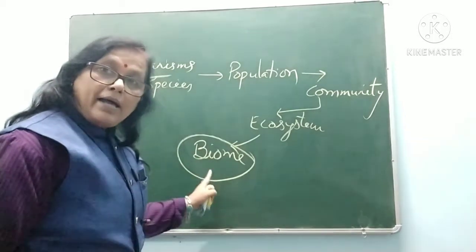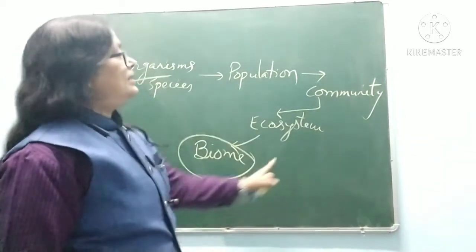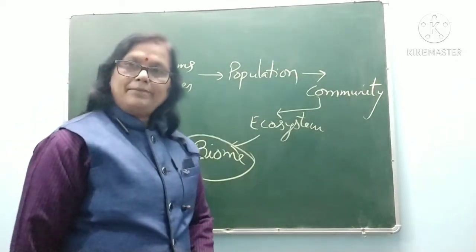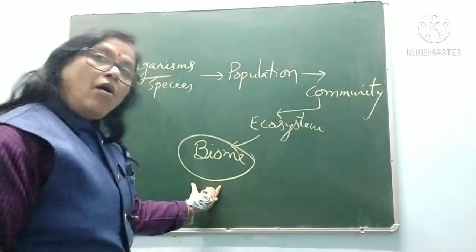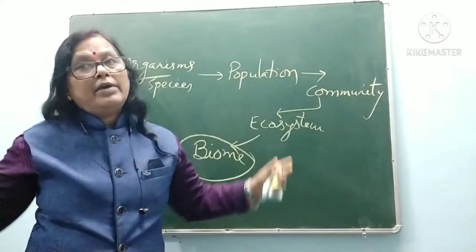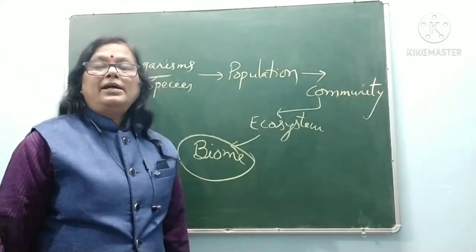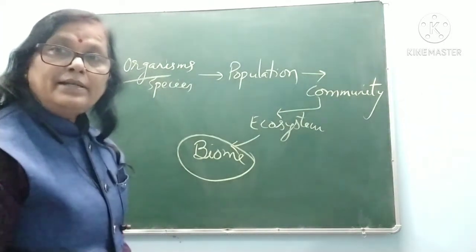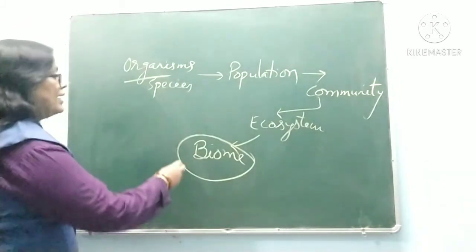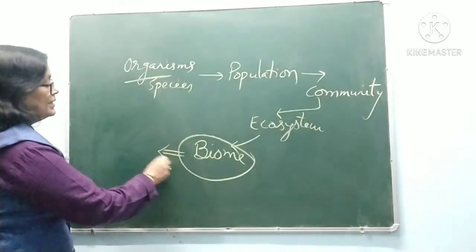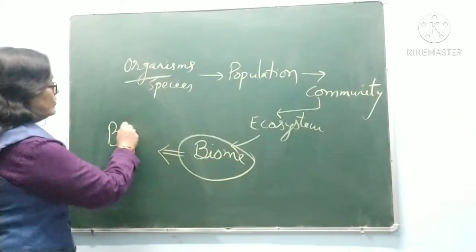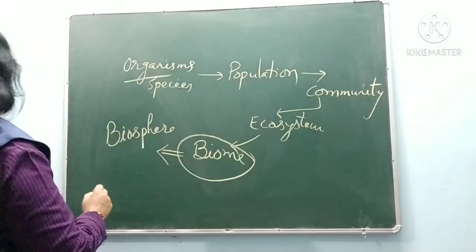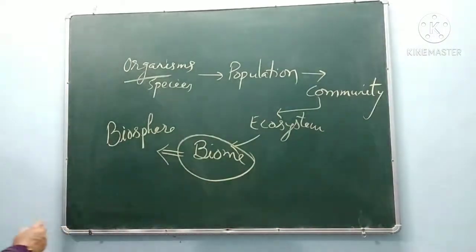Biome is a higher level of organization than the community, than the ecosystem. Clear? And all biomes in the given geographical area together constitute the highest level of organization ecologically, and that highest level of organization is known as biosphere. Biosphere is the highest level of organization.